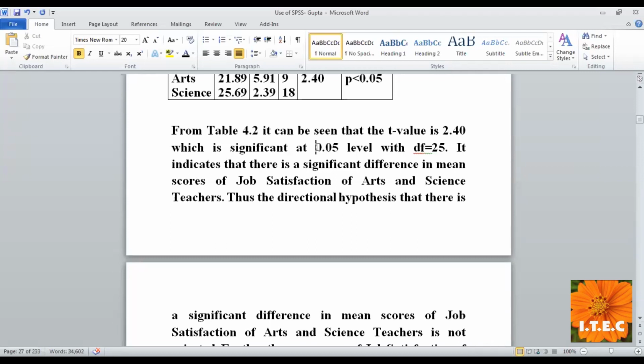And that is why in the majority of researches, the hypothesis is formulated in the null form, because they do not have a strong base. So is the testing of hypothesis clear or not? Have you understood when to use one tail test and when to use two tail test?